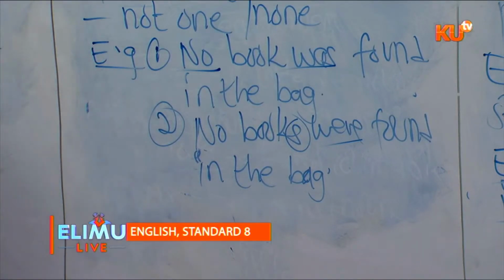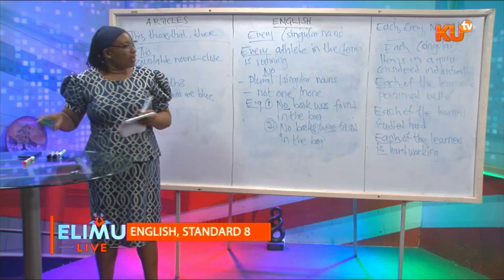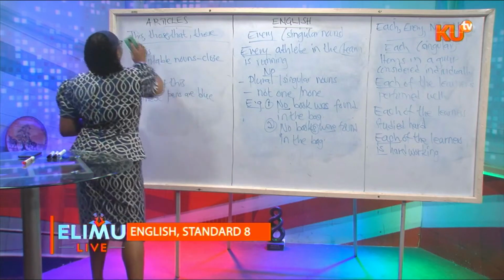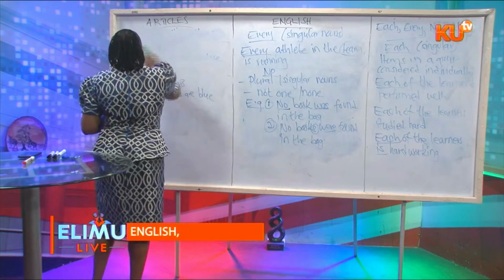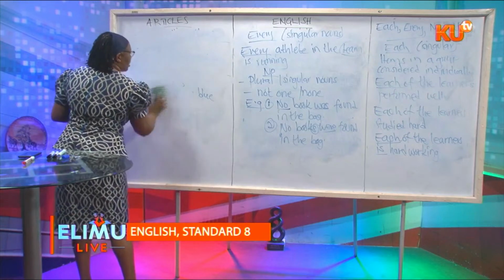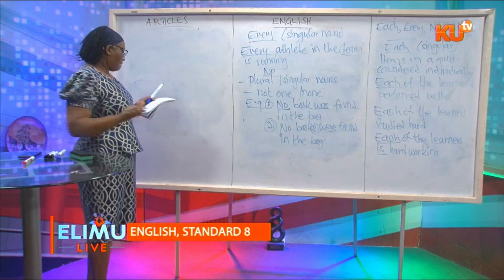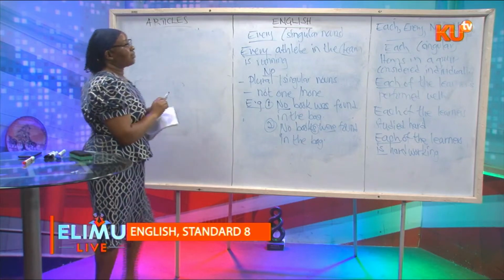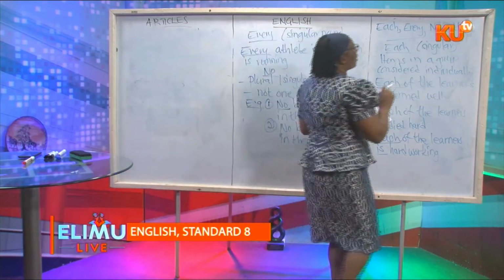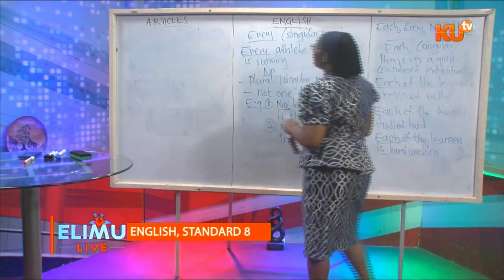Now then we move on to other determiners, and the other determiners are several. The word several. Well, before we move to the word several, I have another one I've not tackled, the word other.